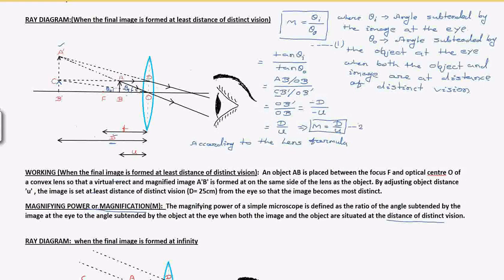Equation number 2. So according to the lens formula, we know that 1 by v minus 1 by u is equal to 1 by f. This implies, in this case, v is the least distance of distinct vision, so minus d, minus 1 by u, again u is also minus, is equal to 1 by f, as it is a convex lens, so focal length will be positive.